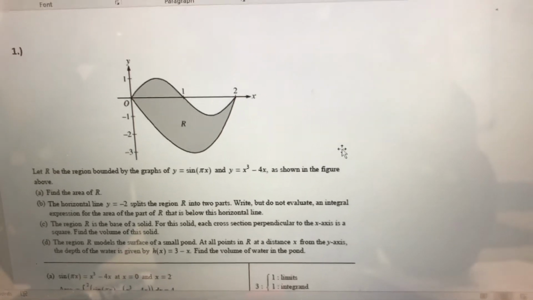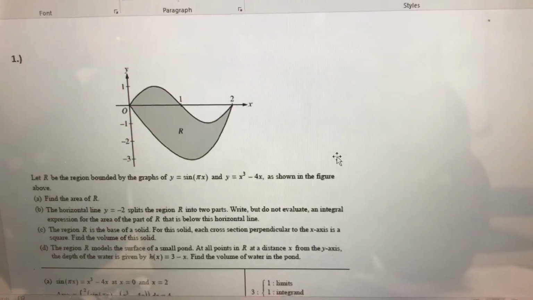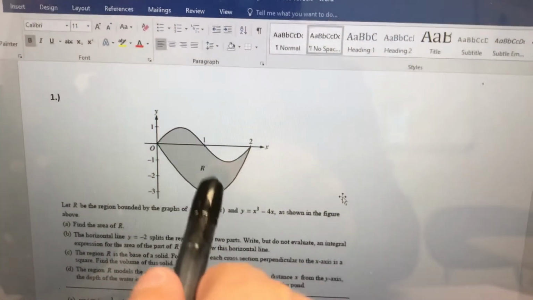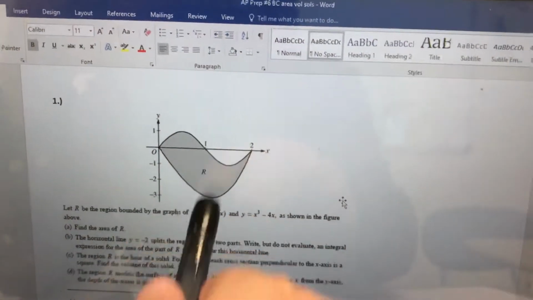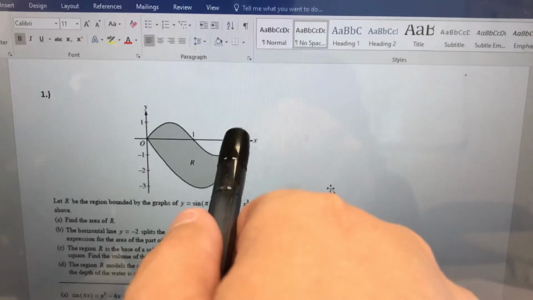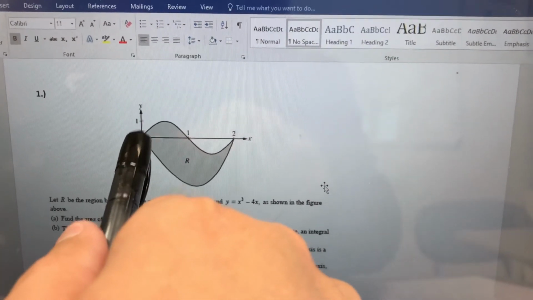It says this is modeling a pond, okay, and they're saying that the depth of the water is given by 3 minus x. So in other words, if you wanted the depth right here when x is equal to 1, the depth, 3 minus 1, is 2 feet deep. If you wanted the depth here, 3 minus 2 is 1 foot deep. If you wanted the depth here, 3 minus 0 is 3 feet deep.